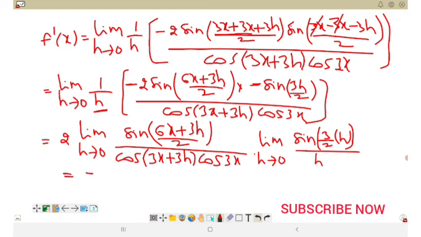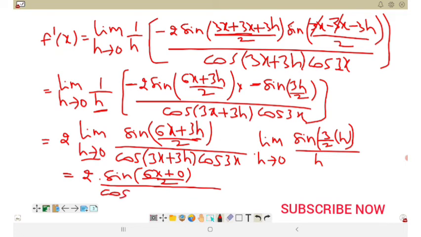Now substitute h equal to 0. So sine of (6x plus 3 into 0) by 2, by cos of (3x plus 3 into 0) into cos 3x.